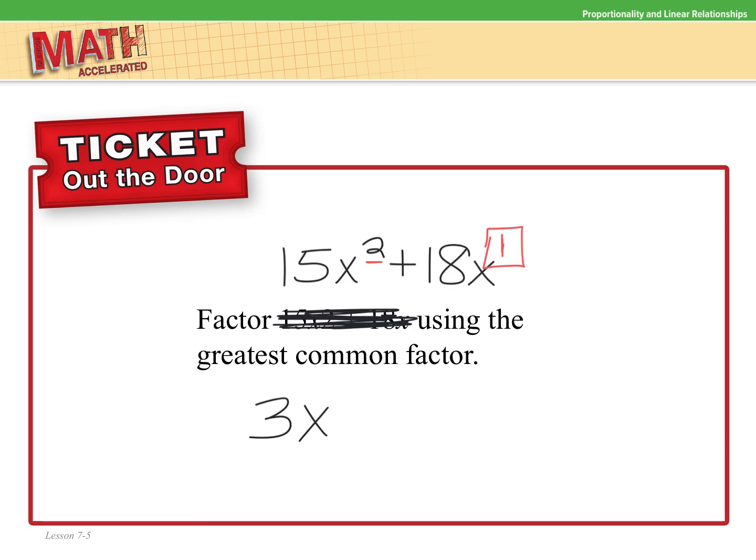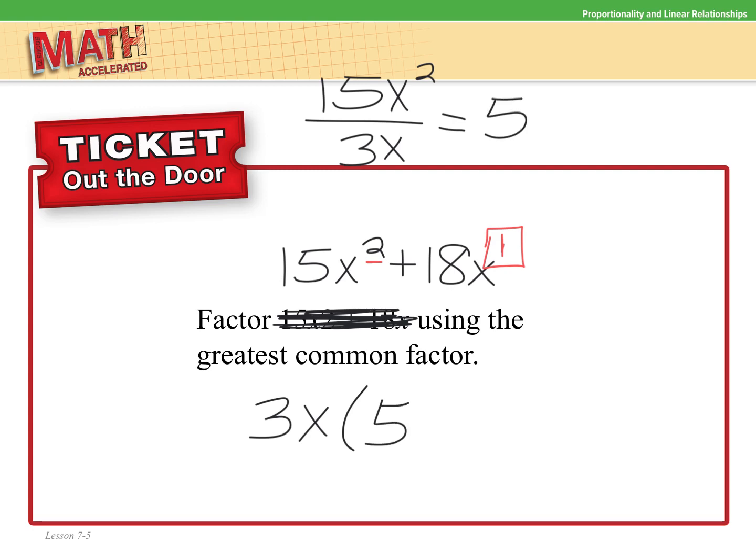Okay. What do we do with the greatest common factor now? Divide it, right? So I'm going to write up here 15x squared divided by 3x. Do the numbers first. What's 15 divided by 3? 5. Way back when, remember this? X squared divided by x.